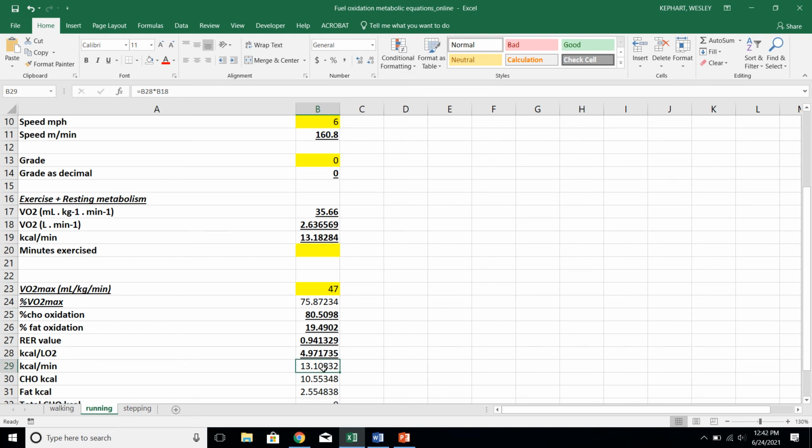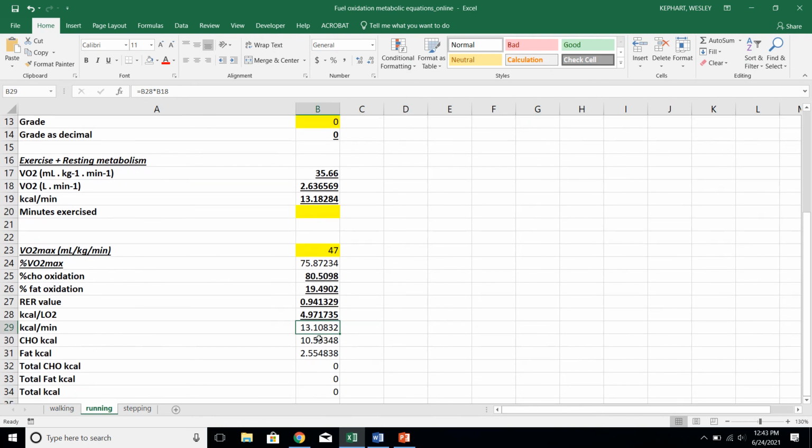This one is probably more accurate because it's based upon the different fuels that you're oxidizing, whereas this one I'm simply multiplying by 5. And then carbohydrate calories and fat calories, that's how many calories you're burning per minute of each of these types.